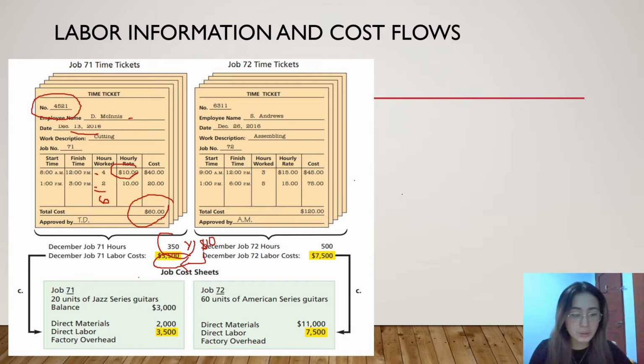This total direct labor cost of $3,500 is posted to the job cost sheet. So here's the total labor cost, $3,500.